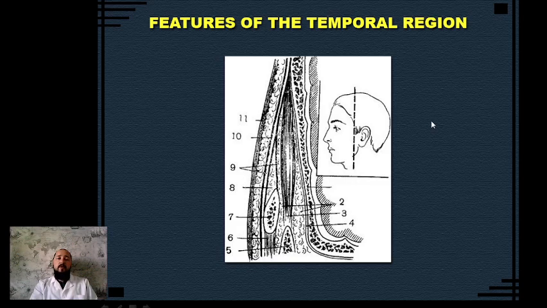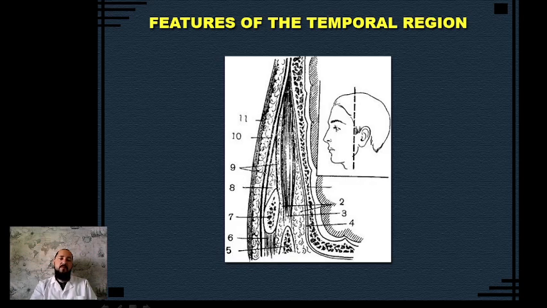Features of the temporal region. If you take a look at the temporal region, there are differences. What is the basic difference? I will not describe all of this, I will just stick to the main points. First of all, there are many fatty spaces here because the temporal aponeurosis splits to attach to the zygomatic arch.